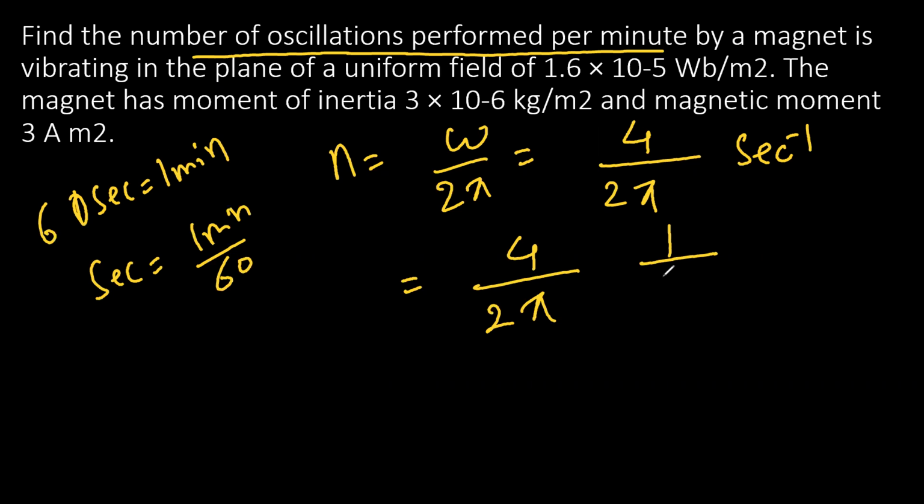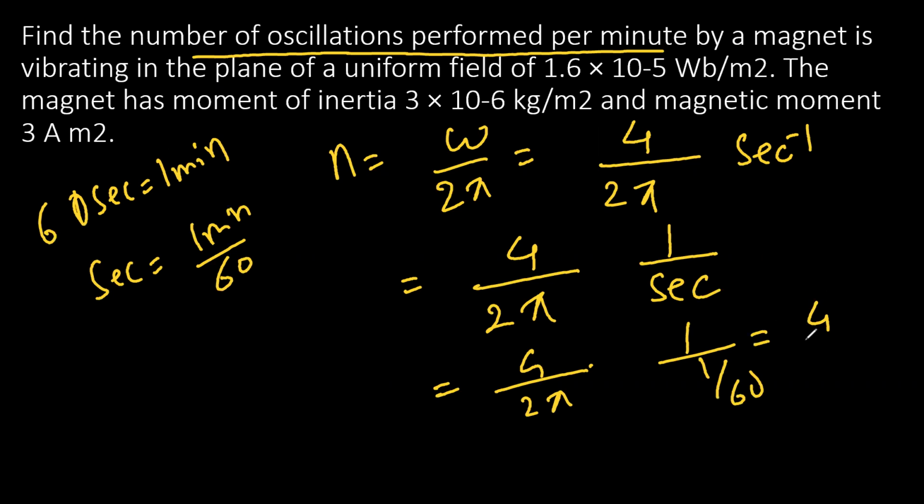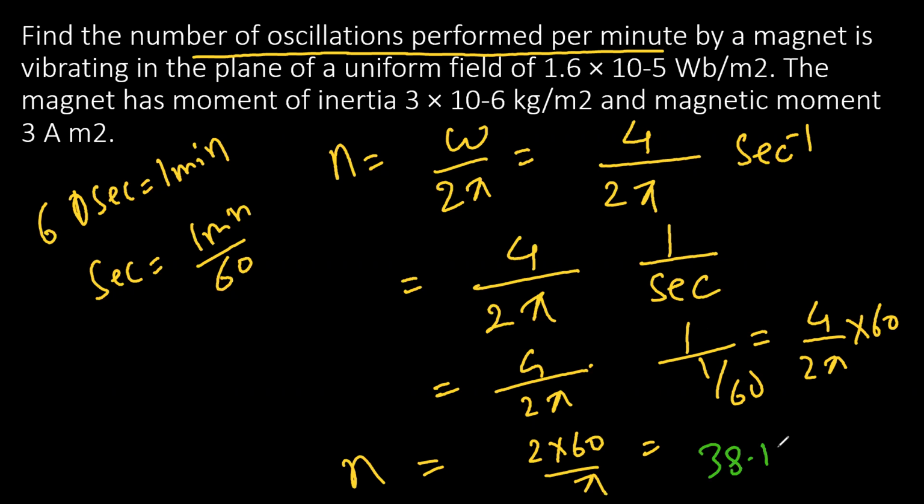So this 60 will go up. So 4 by 2 pi into 60. If you divide, 2 into 60 by pi, what is your answer? This answer is n equal to 120 by pi. So 120 by pi, your answer is 38.19 oscillations per minute.